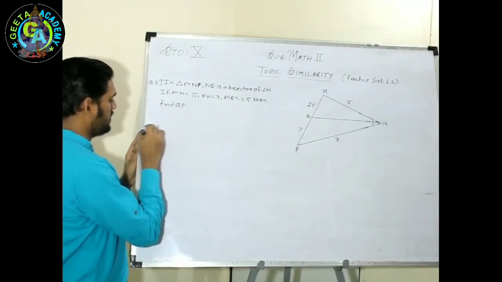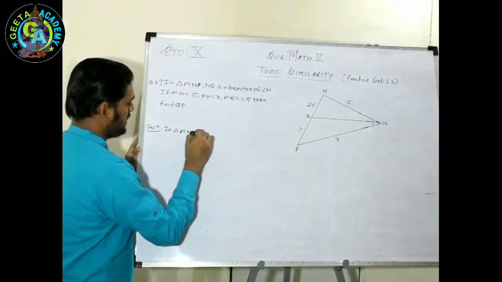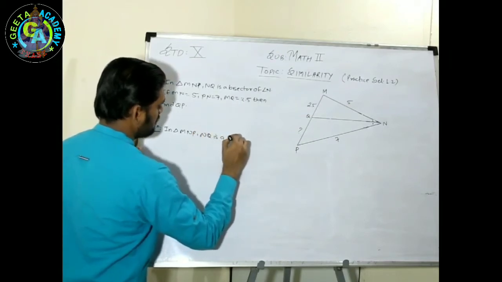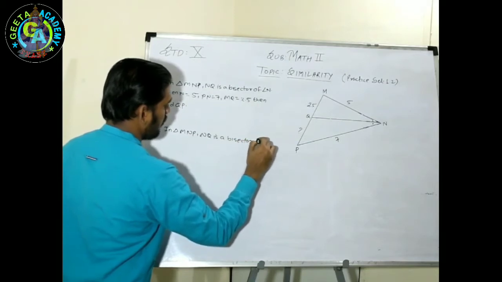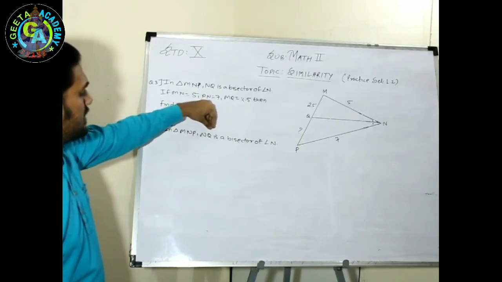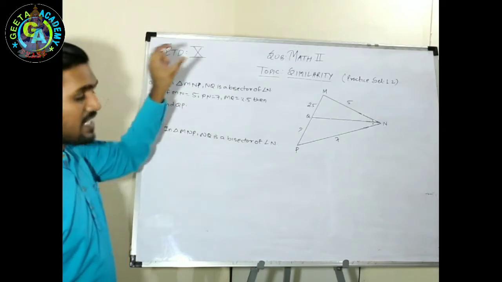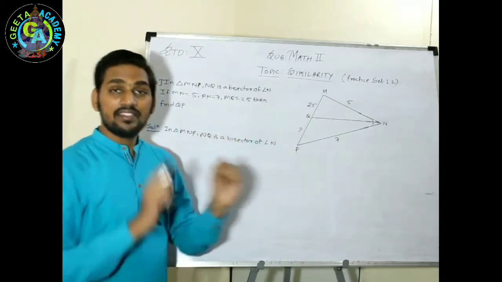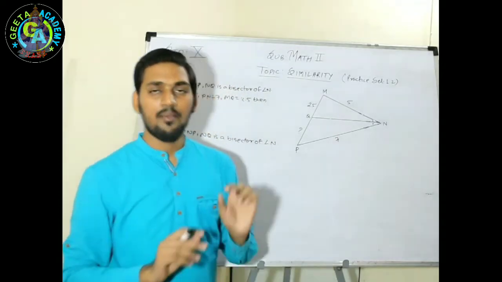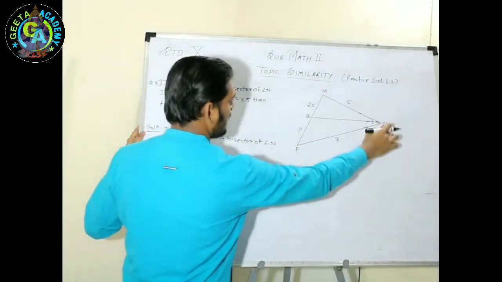In triangle MNP, NQ is a bisector of angle N. We have to compulsorily write this line, that the ray is the bisector of the angle, because only when we write that can we apply the angle bisector property, or else it's not acceptable. You have to write the bisector line. So here we have written that NQ is the bisector of the angle N.